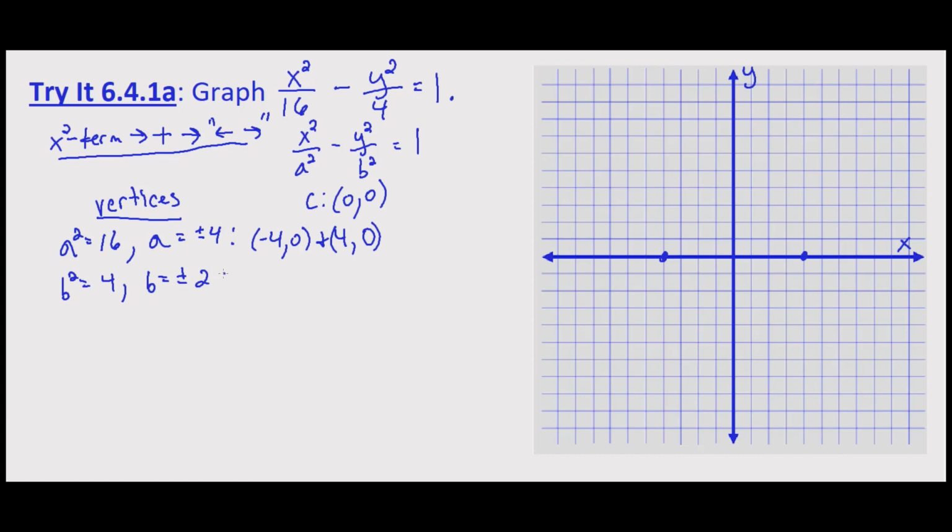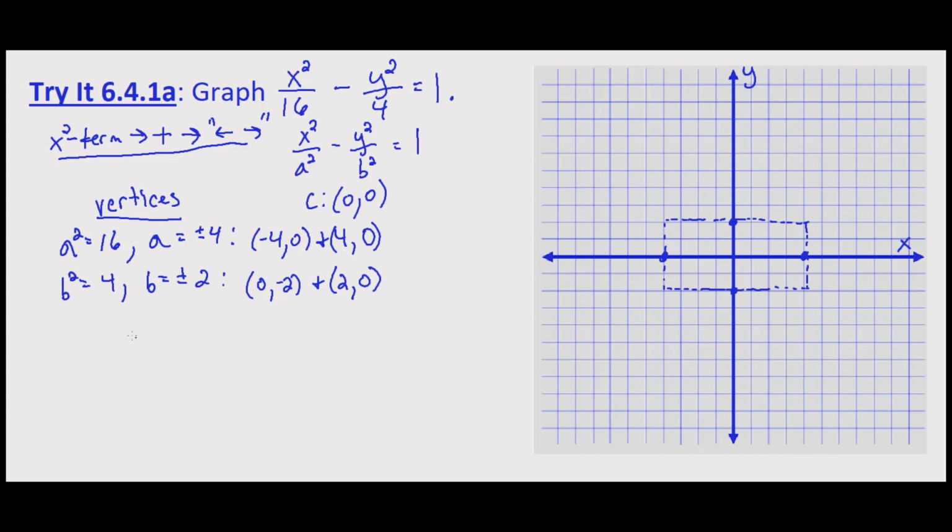So we're going to form our box with points at 0, negative 2, and 0, 2. Then we can make this box that goes through our vertices and the points on the y-axis. Our asymptotes pass through the corners of this box.